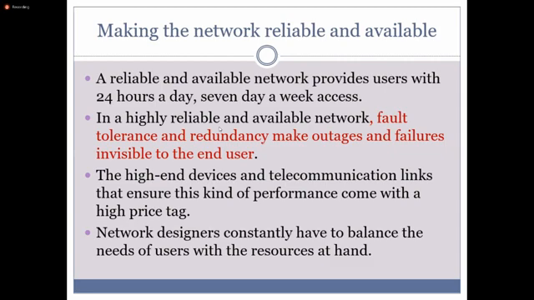Mainly the companies have one firewall, but enterprise level they have 2 firewalls, 2 routers. So whenever one fails, traffic will transfer to the other router or the firewall, but the failure is invisible to the end user. So they are not able to identify what happened there.